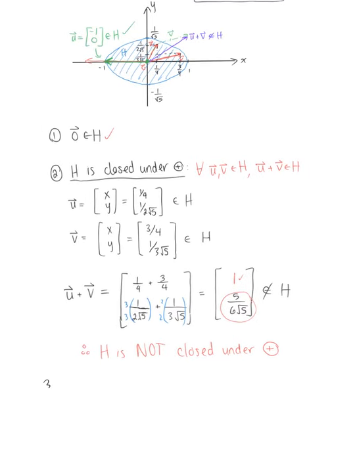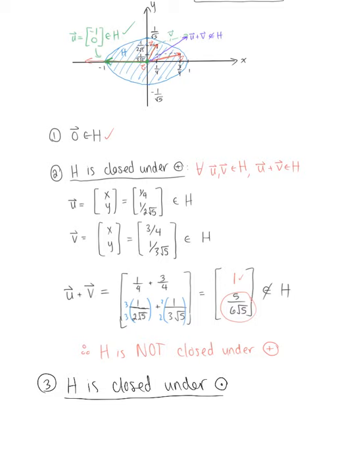So, again, we want to demonstrate that H, so the third condition of our subspace is that H is closed under scalar multiplication. And we are here to show that this does not hold true.